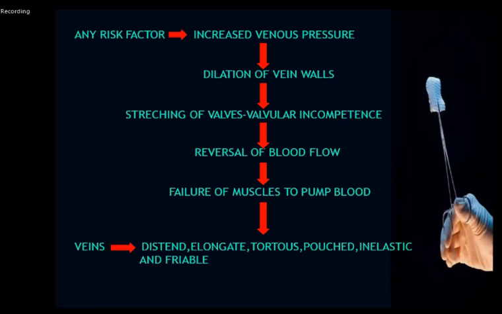So if there are any risk factors, they will lead to increased venous pressure. This increased venous pressure will ultimately lead to dilatation of vein walls. When there is dilatation of vein walls, there will be stretching of valves, and it will lead to valvular incompetence.